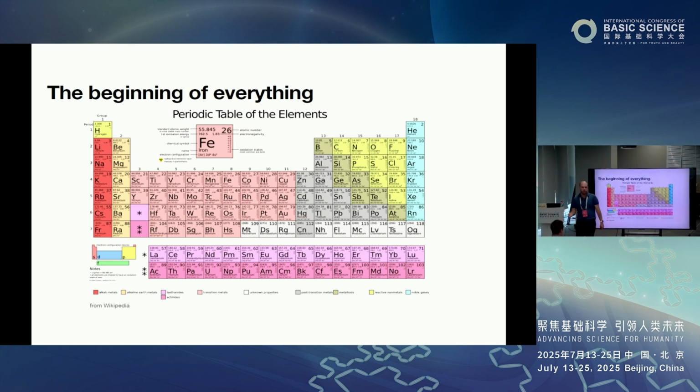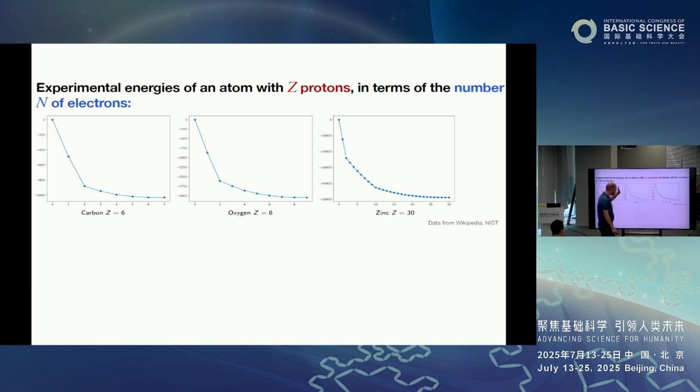And then you go on Wikipedia, as we did with Simone and Matteo, and you choose just three elements. For example, I chose carbon and oxygen, and then you plot the experimental energy of your atom as a function of the number of electrons. So you are adding electrons or dropping off electrons from your system.